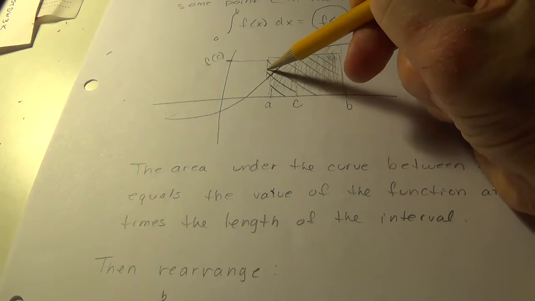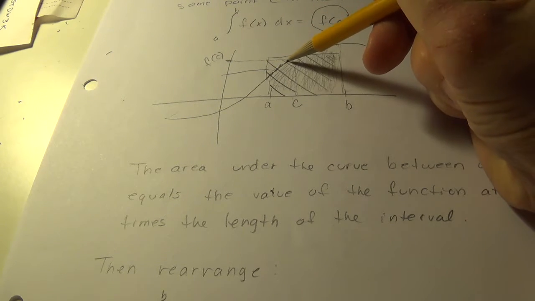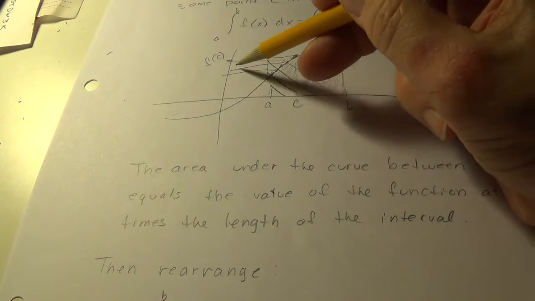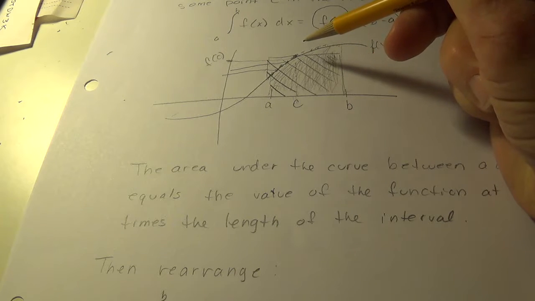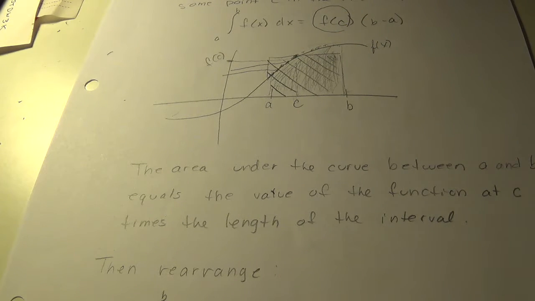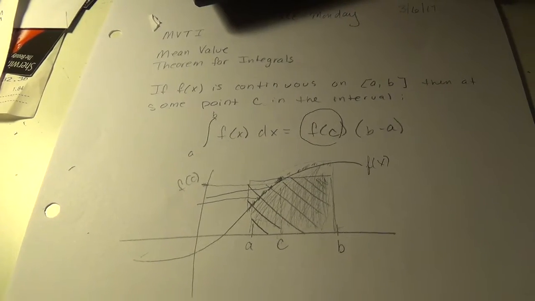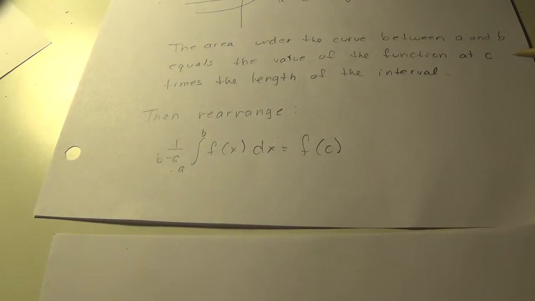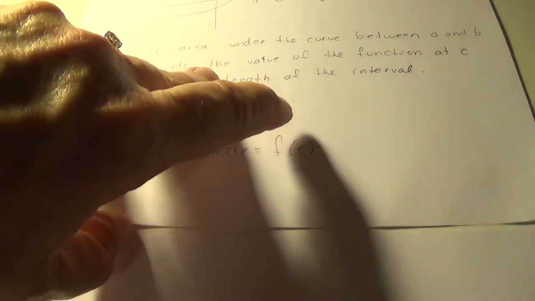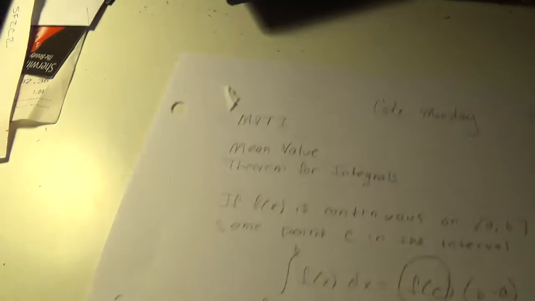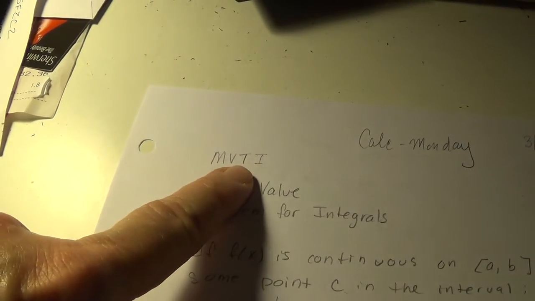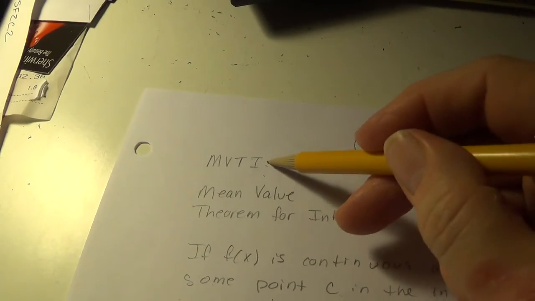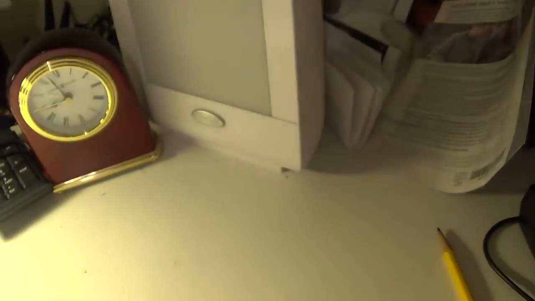Once you find c, f of c is the average value. So we can also use this idea, rearranged like this, to find the average value. They might not say in a problem, use the mean value theorem for integrals. They may say find the average value, but you know these are linked. So you'll think back to this lesson.